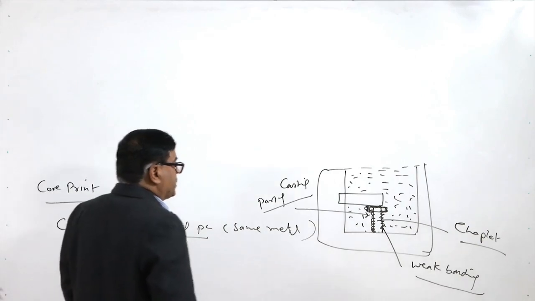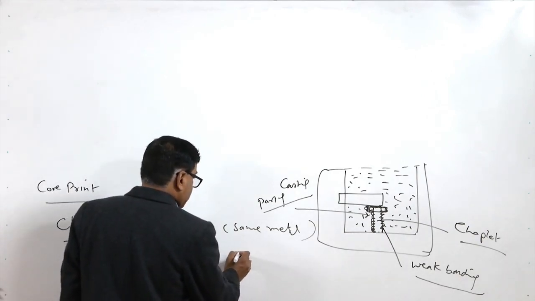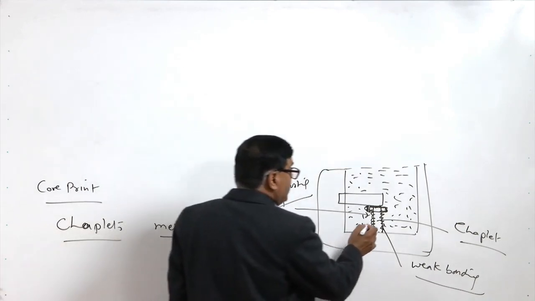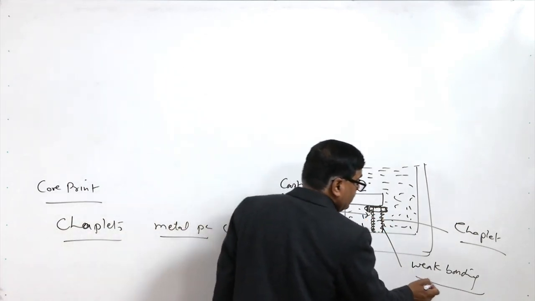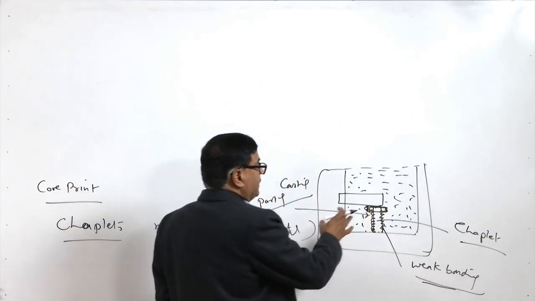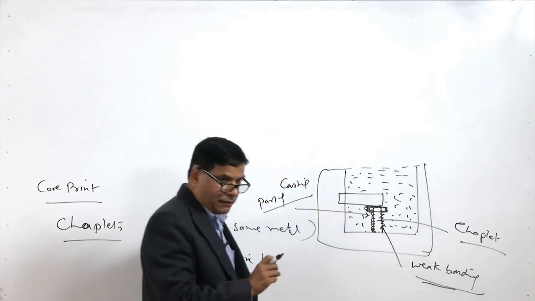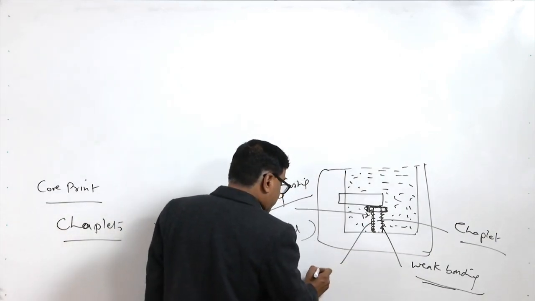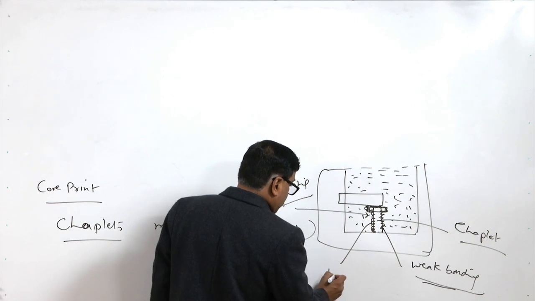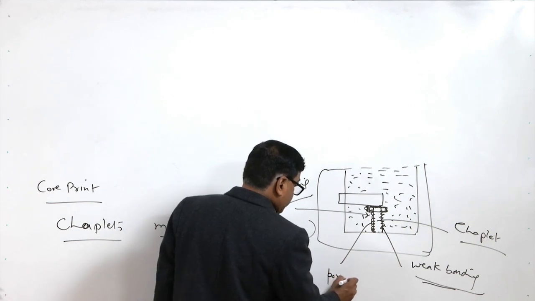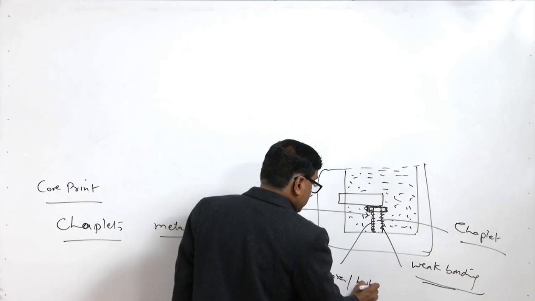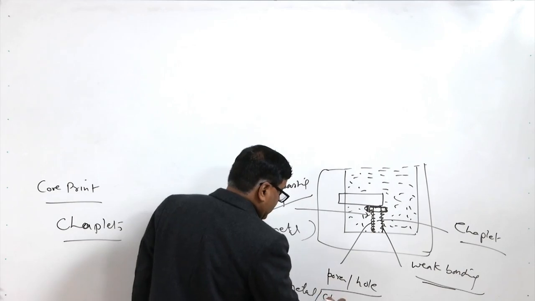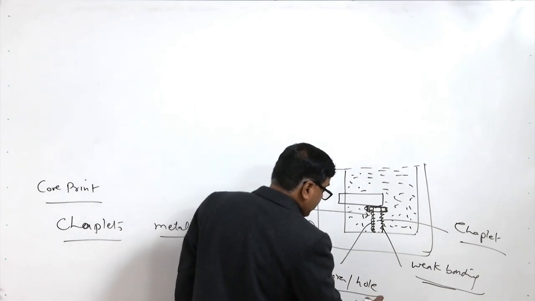And if that is not achieved, say the size is big, then it will absorb a lot of heat and still you may find that the bonding between the molten metal and the chaplet has not taken place due to the lack of melting of the skin, and in that case we may find that there are pores and holes at the metal chaplet interface.